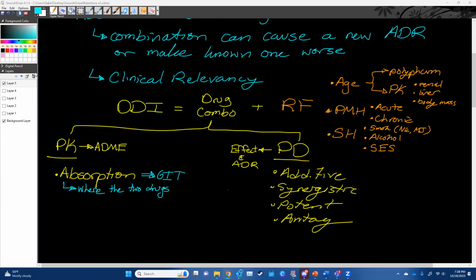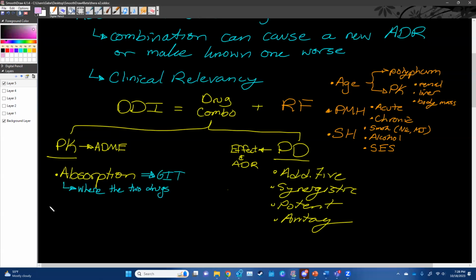The first example that they give you is the idea of pH. pH is really, really important because what you learned in med chem is that acidic drugs are neutral in acid, and basic drugs are positive in acids.